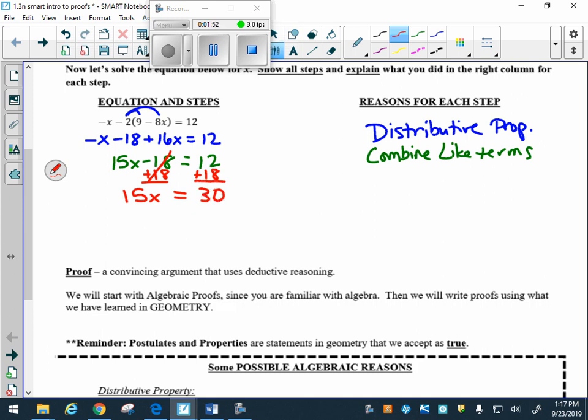So our reason that 15x equals 30 is because we added 18 to both sides. We're going to call that the addition property of equality.